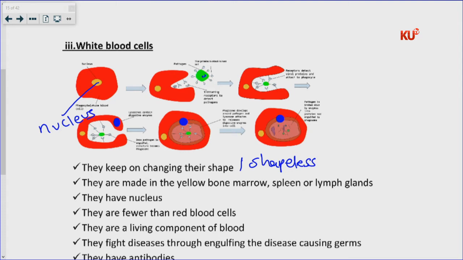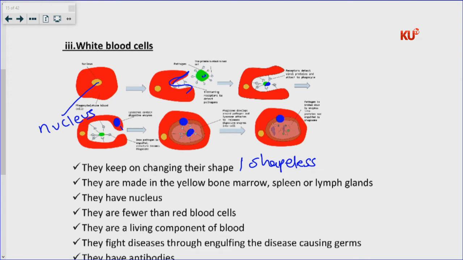So the white blood cell changes shape and makes a curve so that the germ can fit in the curve. You can see now this is the germ fitting in the curve. Then the white blood cell closes up and the germ is found inside the white blood cell. This is the germ.